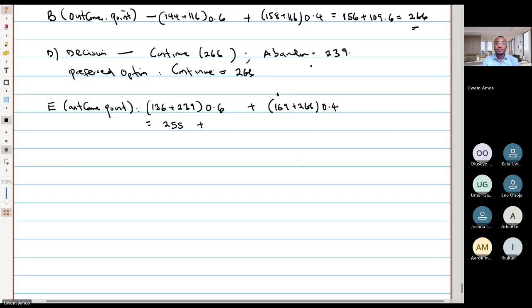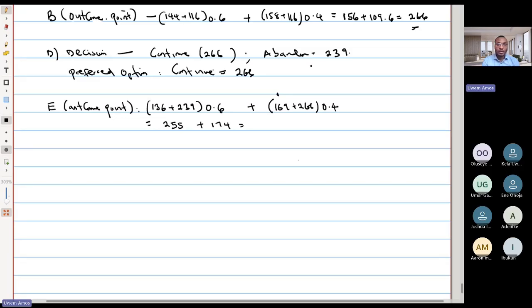Plus 169 plus 266 multiplied by 0.4 gives us 174. So that's 174 plus 255.